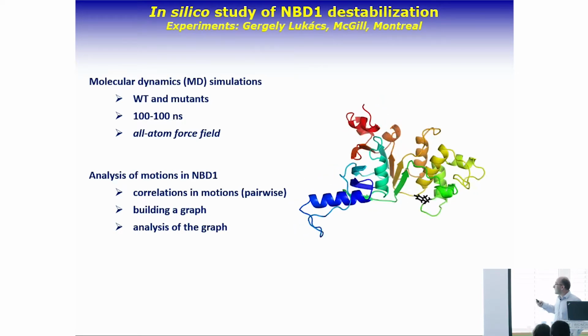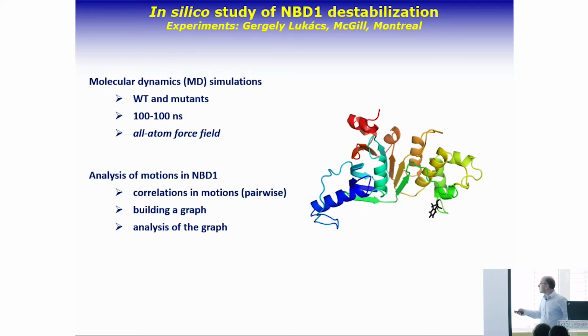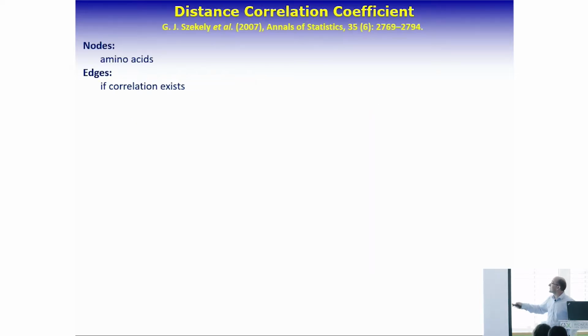So basically, we apply statistical and graph theory methods. We calculate the correlations of motions between all amino acid pairs, and we draw a graph based on the information whether correlation exists between the motions of two amino acids.